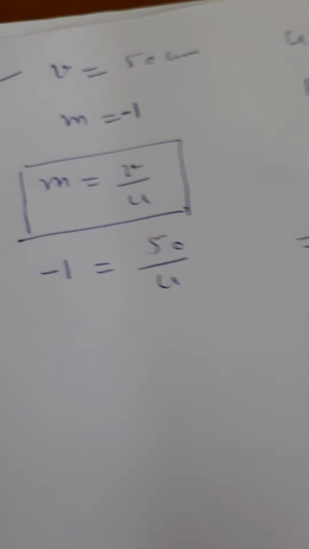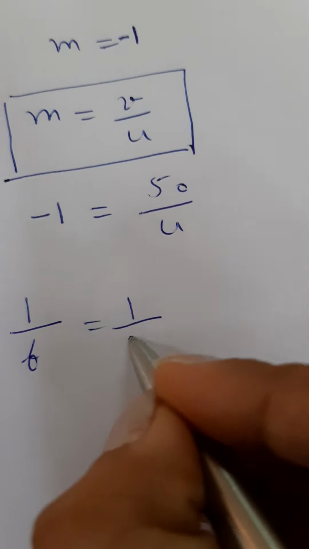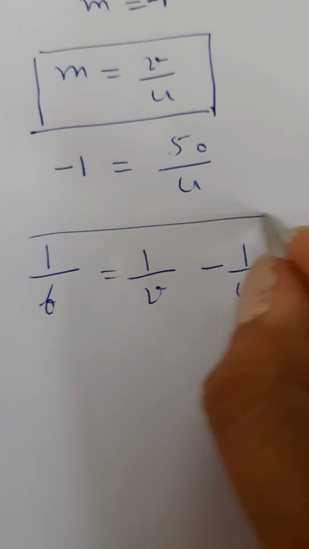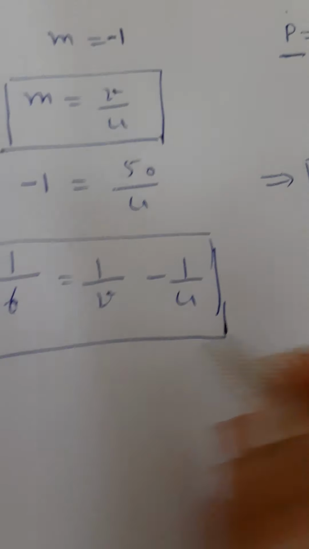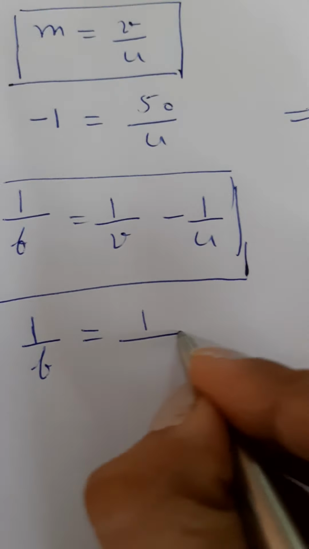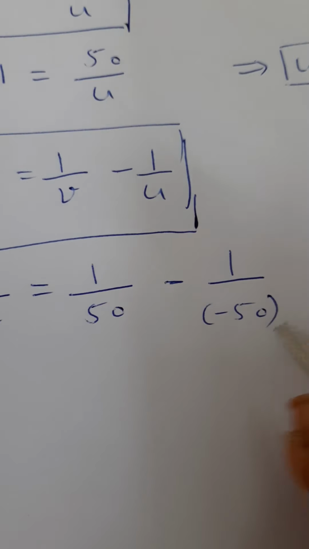Okay, now we need to find out the power of a lens. For that we need focal length, so we will use the lens formula. 1 upon f is equals to 1 upon v minus 1 upon u. Put values in this one. 1 upon f, 1 upon v, v value is 50, minus 1 upon minus 50.